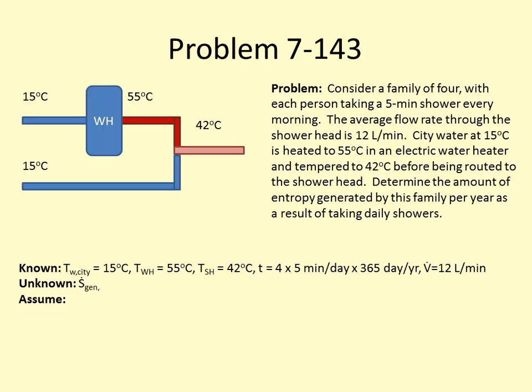So m dot 1 H1. Now we're starting past the water heater, so we have m dot 3 H3, so state 3 is at 55 Celsius, is equal to m dot 4 H4.